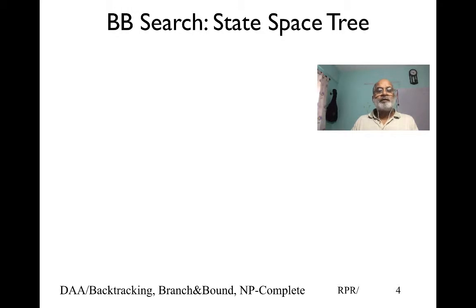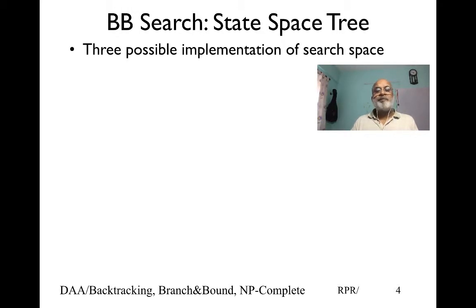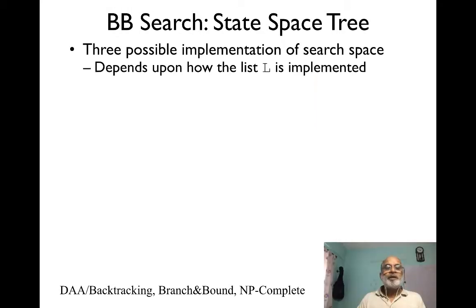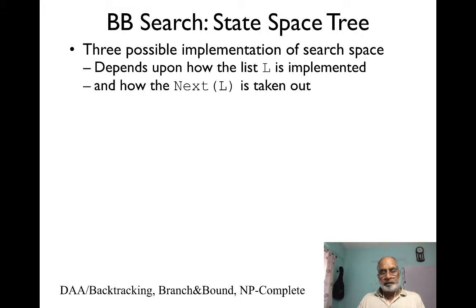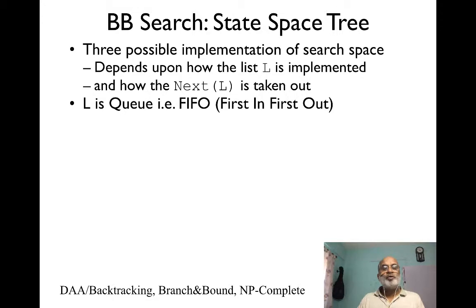So let's look at what the possibilities could be. We'll consider three possibilities. One is we implement the list as a FIFO, a queue, that is first in, first out. That means when we add elements to the list, they are added at the end of the list and they are removed from the beginning of the list.